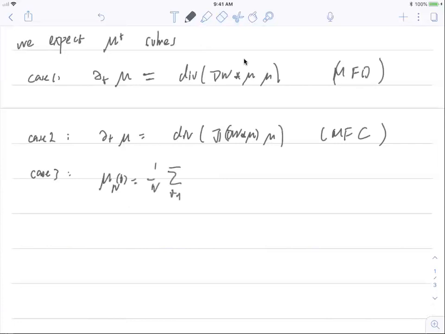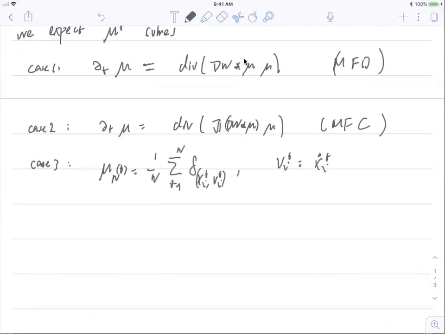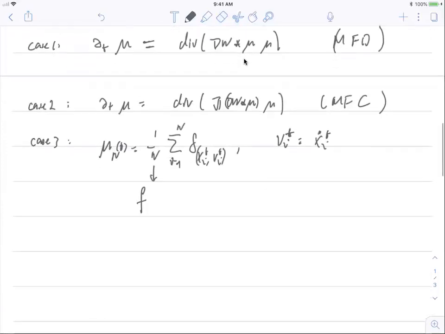The phase space density, so it's x_i t, v_i t. So v_i t is just the velocity. So this will converge to some phase space density.